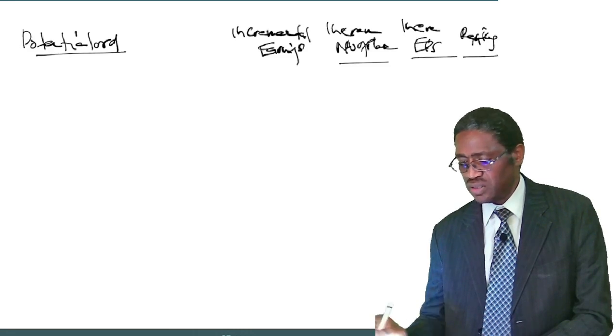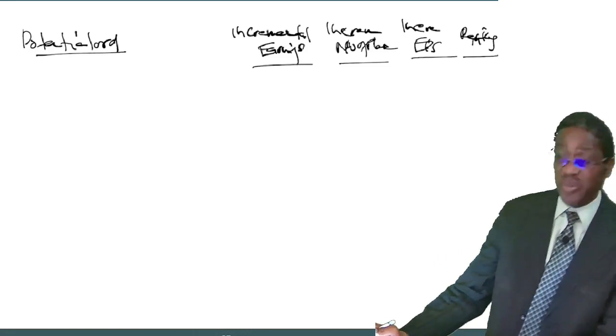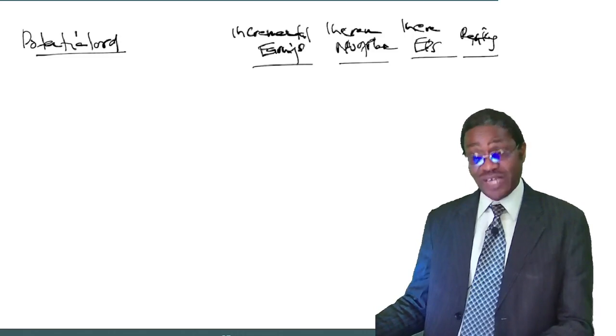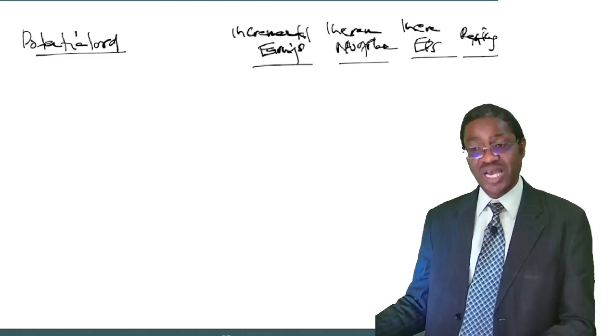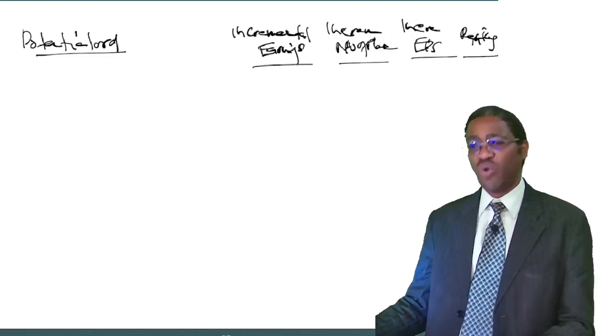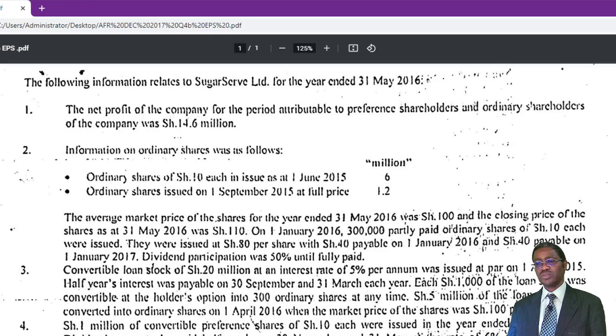So let's go one by one and pick each of the potential ordinary shares, something that is likely to give the owners the opportunity to own shares. Let's go through the additional information, one after the other, and see whether there is anything potential.